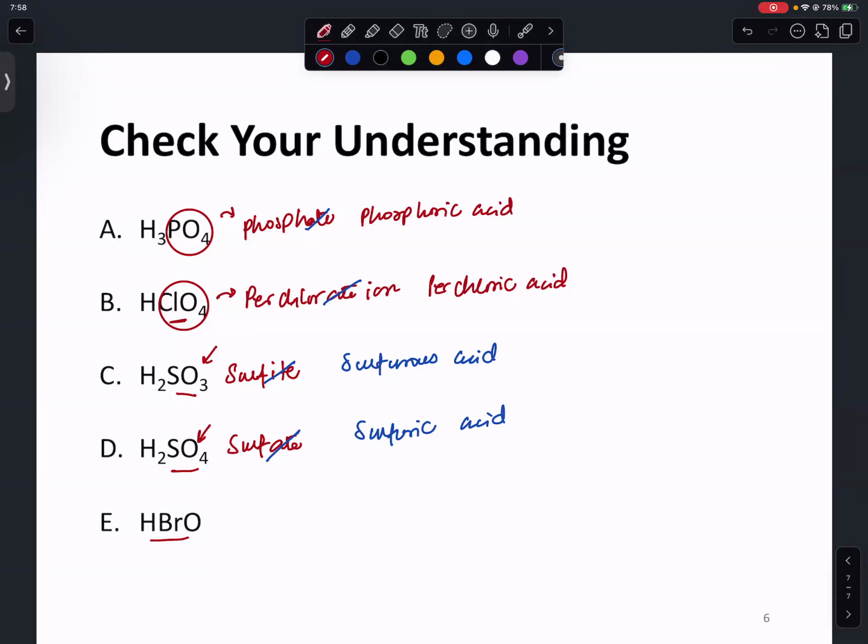Remember, hypo means lacking, the least number of oxygens, so here it becomes hypobromite. Instead, we're going to drop the ite and it becomes hypobromous acid.